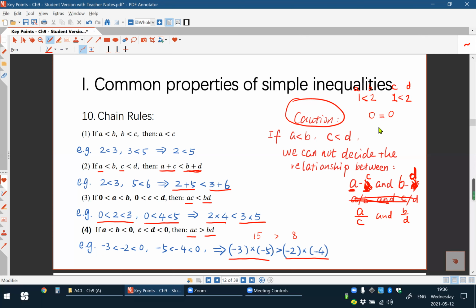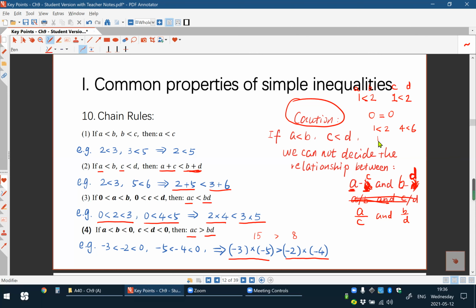For another case, if we have 1 is smaller than 2, and we also know that 4 is smaller than 6.